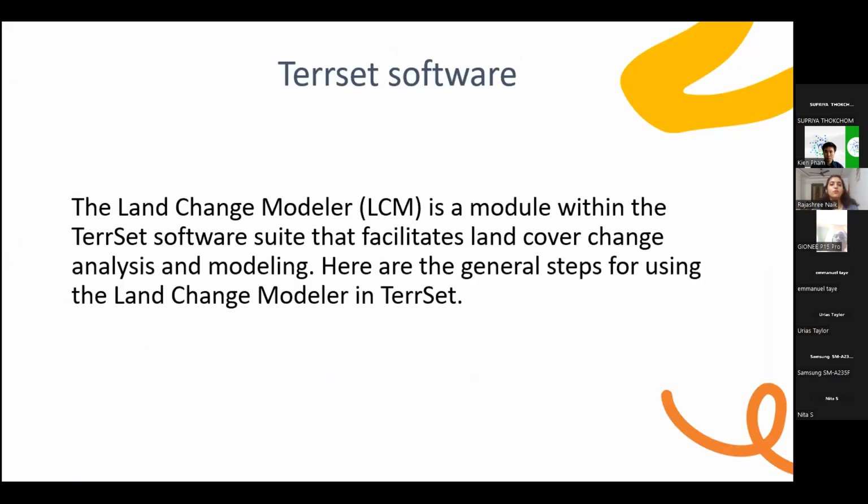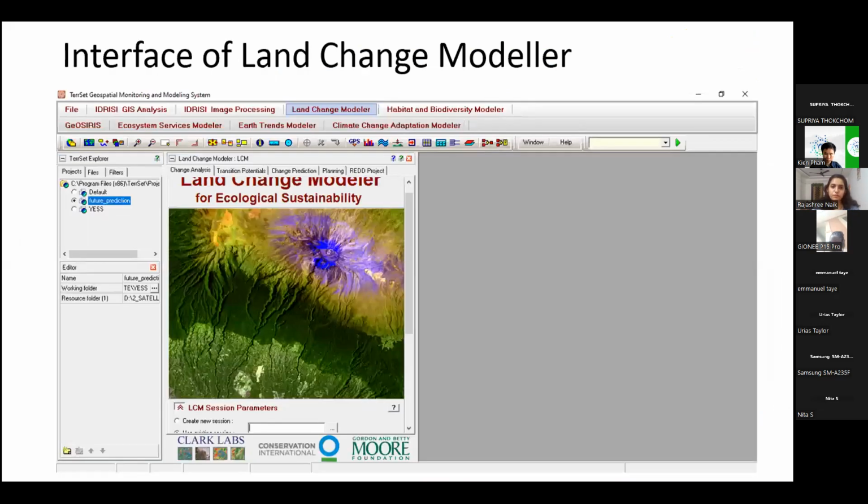It is a module within the TerrSet software suite that facilitates land cover change analysis and modeling. At the top of the interface, you see the different packages, and out of those we will be using the third package, Land Change Modeler.